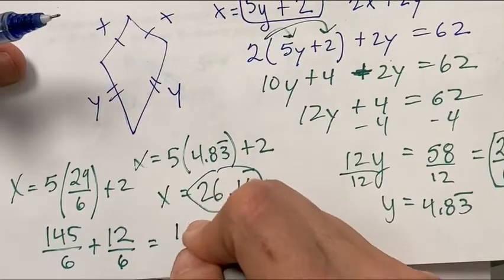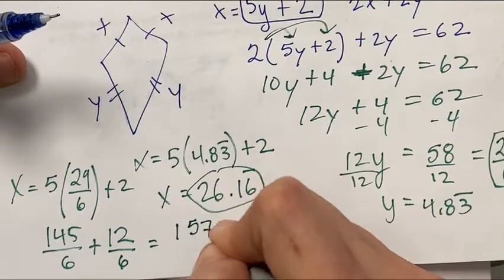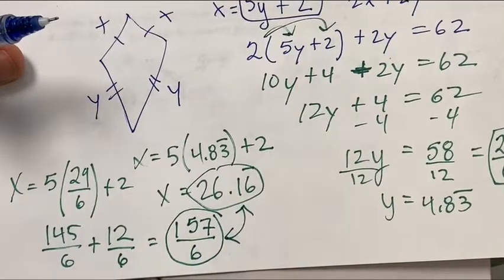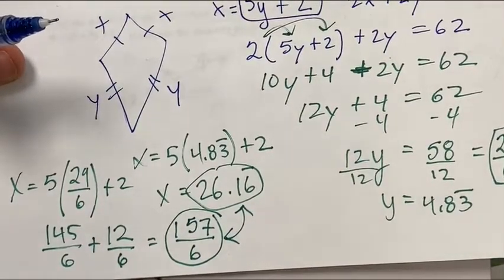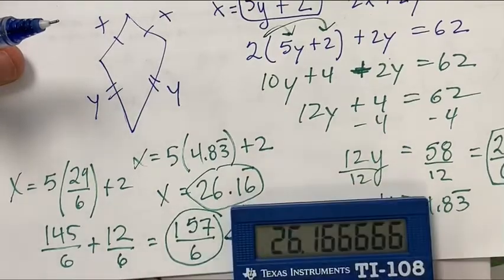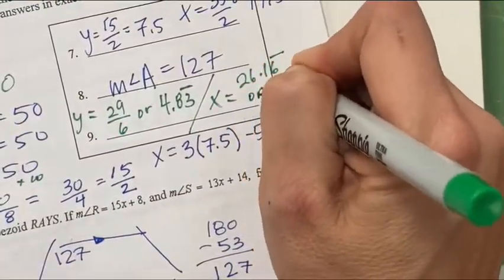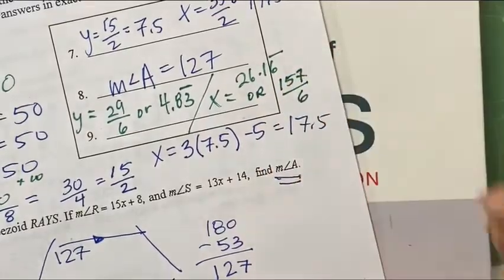Okay, so I get my answer 157 over 6. Let's see if these are equal to each other. 157 divided by 6, yep. So I get my final answer. I would also take 157 over 6 as my fraction.